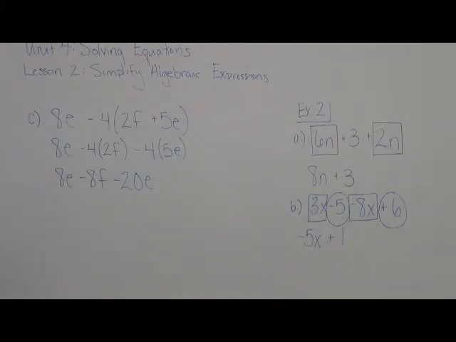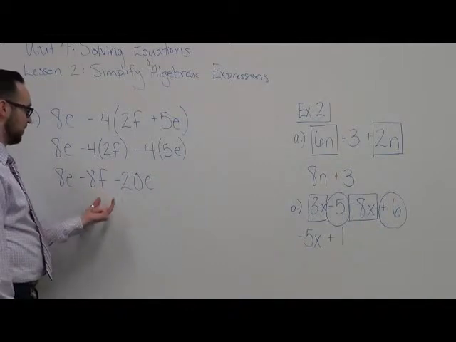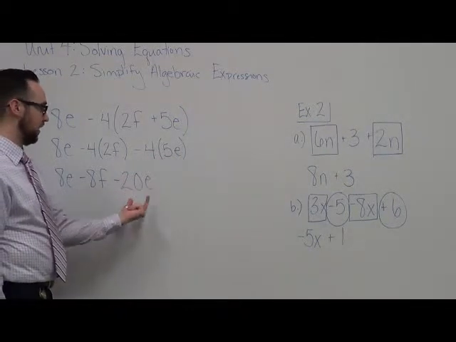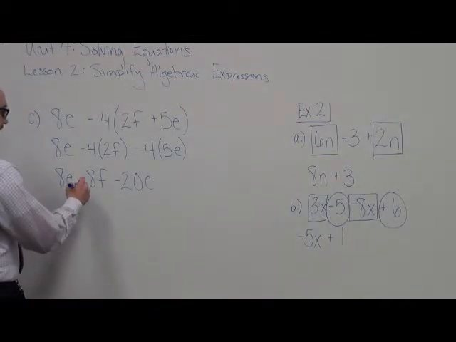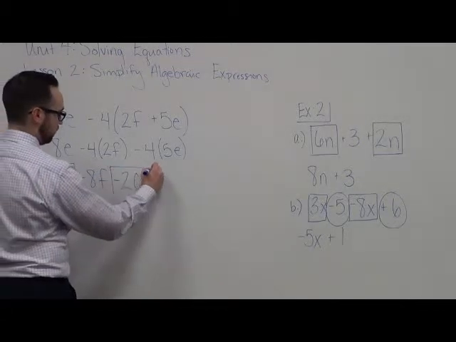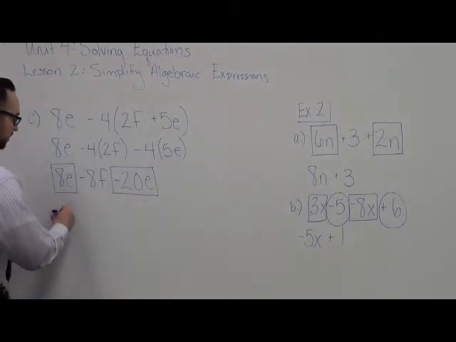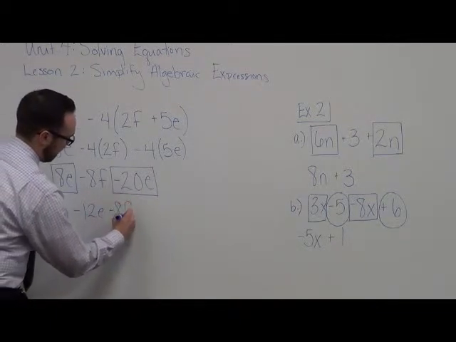Now identify like terms. So we had negative 4 times 2f gives me negative 8f. Negative 4 times 5e gave me negative 20e. Combine like terms, so I have 8e and negative 20e gives me negative 12e and then minus 8f.